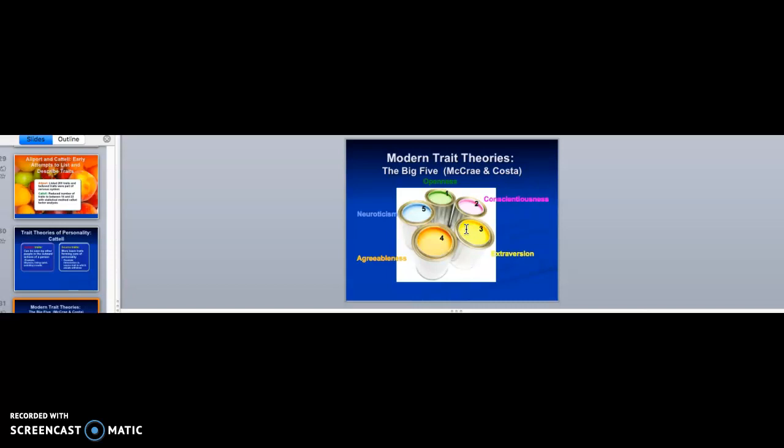Conscientiousness refers to a person's organization and motivation, drive to get work done. Extroversion is actually a term that Carl Jung used. If you remember him as one of the Neo-Freudians, he believed that all people could be divided into 2 personality types, extroverts and introverts. So extroverts are outgoing and sociable, whereas introverts are more solitary and dislike being the center of attention.